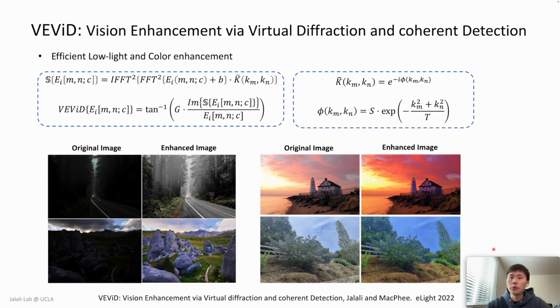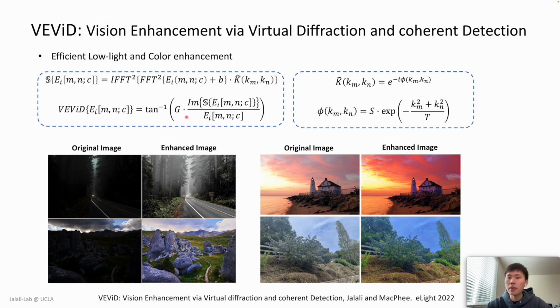More recently, we introduced a new algorithm called VEVID for low light and color enhancement. The physical principle of VEVID lies in the general PhyCV framework, but with some modifications in the real implementation, including adding the regularization term B to the input and a phase gain term G to the imaginary part of the output.